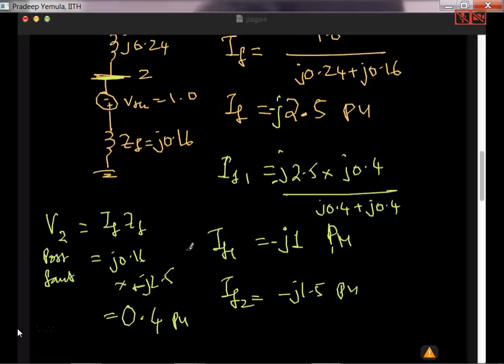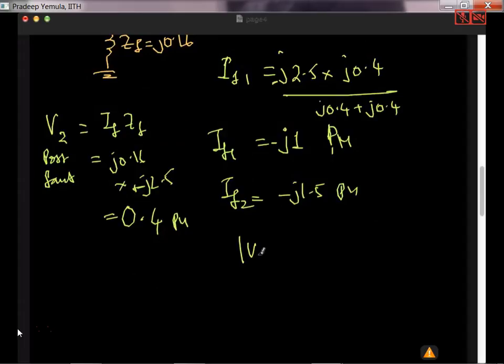When there was a fault at bus 1, notice that bus 1 voltage went to 0.5 per unit. But when there is a fault at bus 2, the voltage went to 0.4 per unit. This is not allowable. Always the voltage should be at the rated value, 0.95 to 1.05. This is the permissible voltage limit.